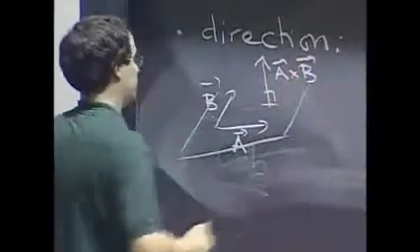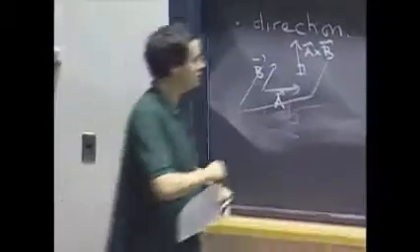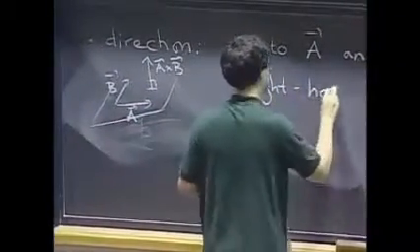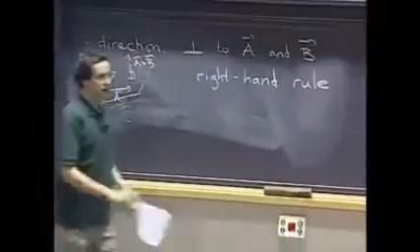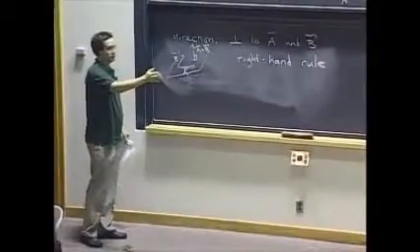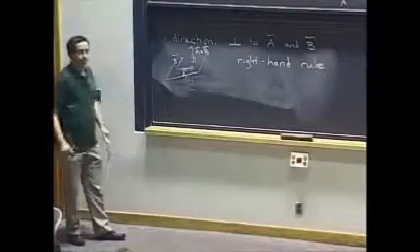Now, there are two different possible directions that are perpendicular to a plane, and to decide which one it is, we use the right-hand rule, which says if you extend your right hand in the direction of vector A, then curl your fingers in the direction of B, then your thumb will go in the direction of the cross product.